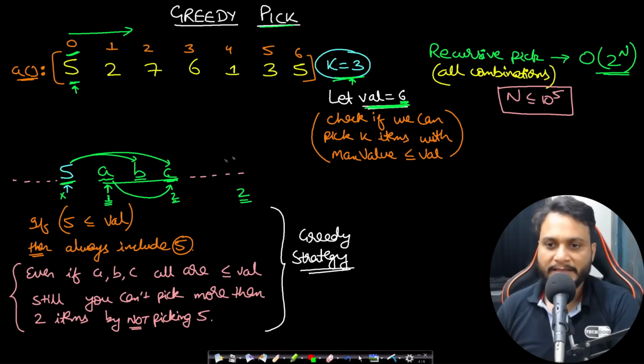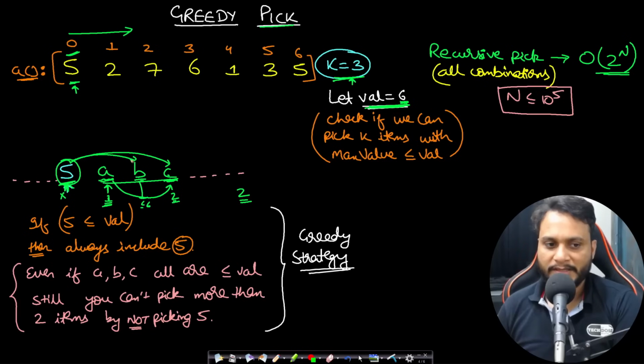But if C is less than or equal to the value, then why don't I pick this 5 and guarantee that these 2 picks will be optimal? Now, if you skip this 5, there can be a case where B is less than or equal to 6, but C is not, then your length will end up being only 1, where you just picked A and C was greater than the value, so you will get a wrong answer, right?